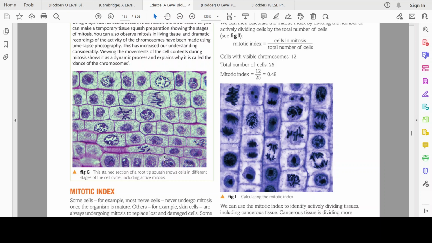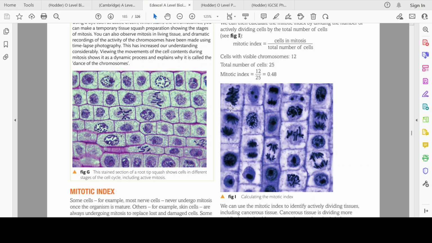Plant cells are easily studyable, and why are they plant cells? Because you can see the regular shape. This shows the different stages of mitosis. You got some chromosomes that are arranging, some being pulled apart. And this image is used for the mitotic index.